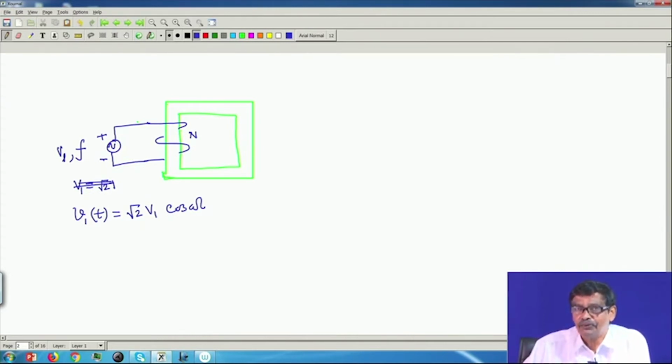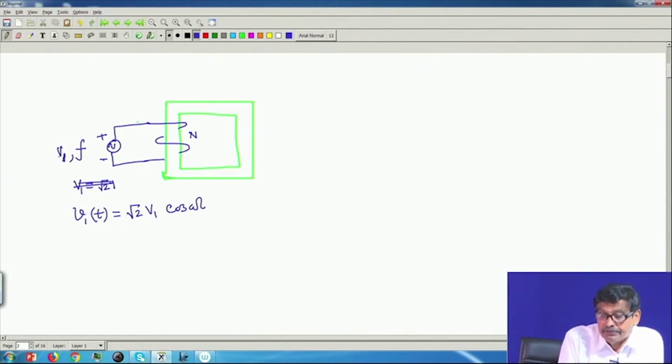Once the supply voltage and RMS value are known, we do not first calculate current, then calculate MMF, then divide that MMF by reluctance to get the flux. Not like that.